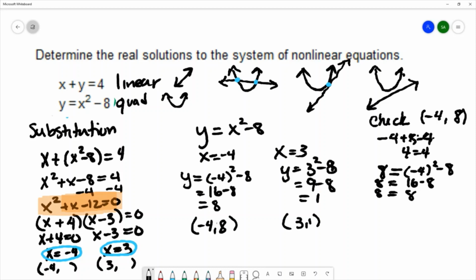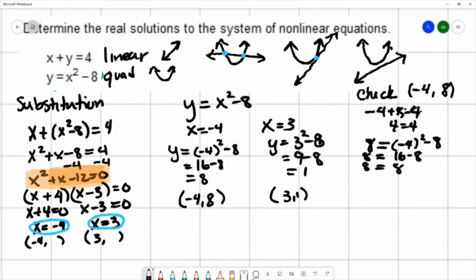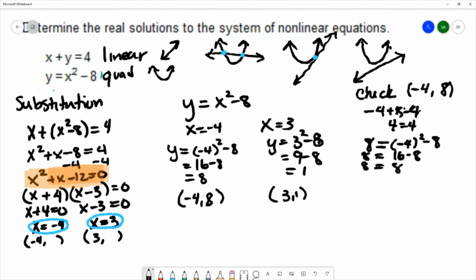So that verifies that that ordered pair, -4, 8, is a solution to the system because it makes all of the equations in the system true. Now we can check the other ordered pair, 3, 1. For the first equation, x plus y equals 4. 3 plus 1 equals 4, and that's a true statement.